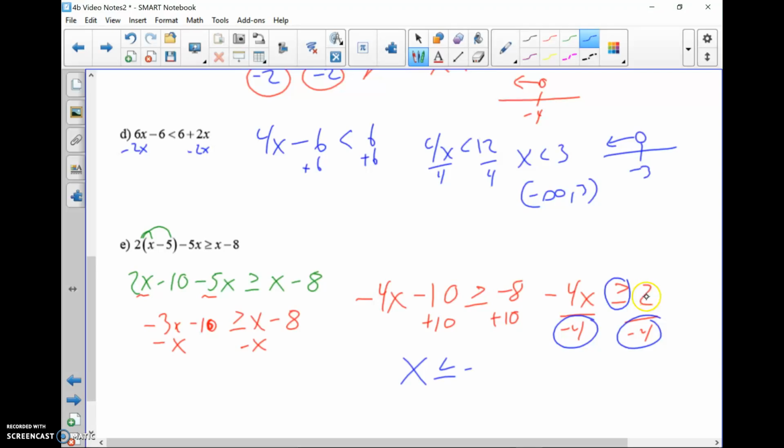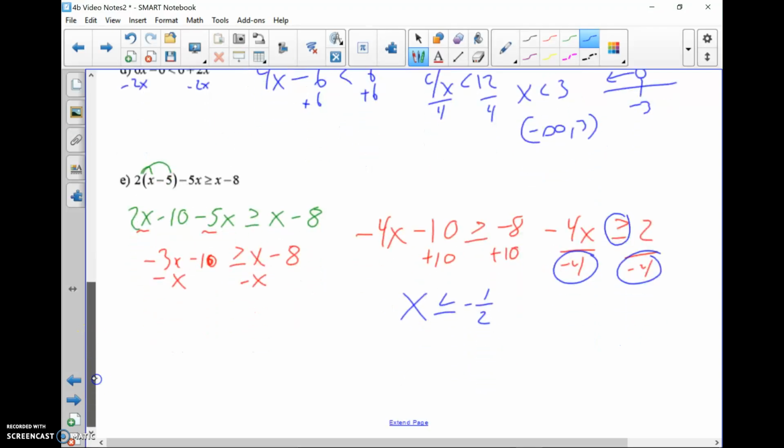Negative, now 2 divided by -4 is -1/2. So I got a fraction here. That's okay. So on our number line at -1/2, we're going to do a closed circle because we're equal to, pointing left, down to -infinity. And -1/2, we have a bracket for that because the equal to and a parenthesis for that.